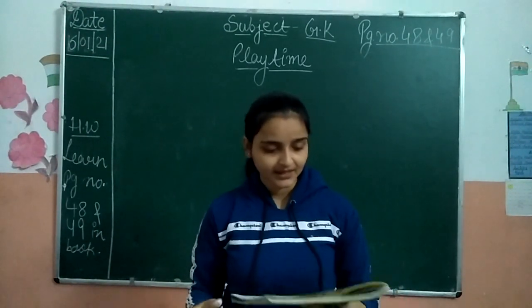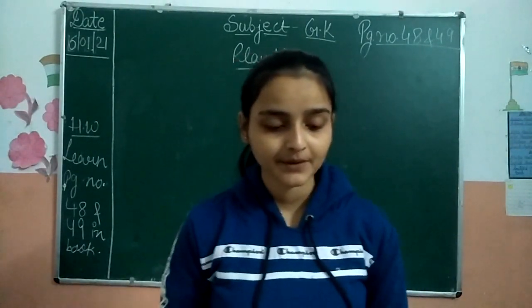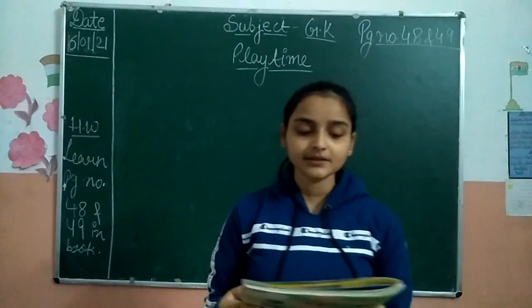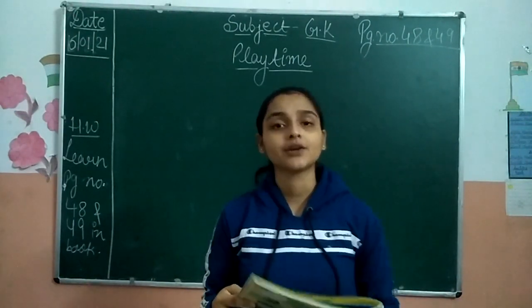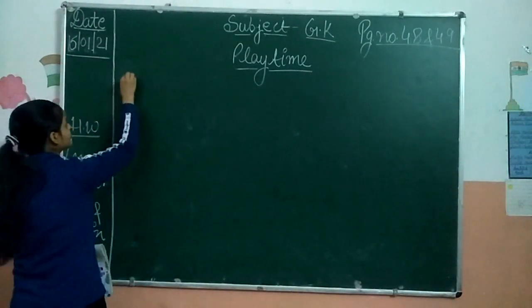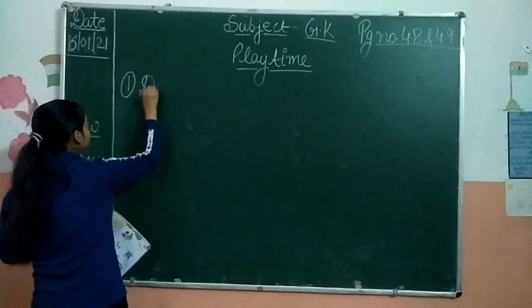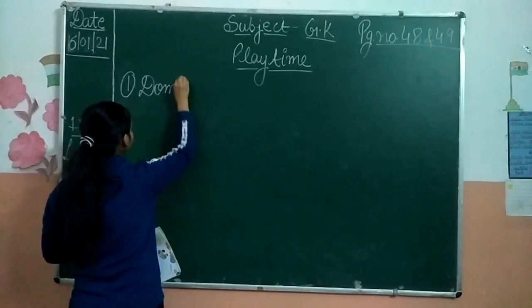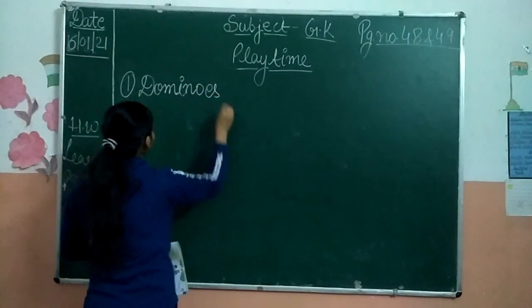Okay. Look at the very first picture. Which game is this? This is dominoes. So in number 1, write it down, dominoes. Okay.